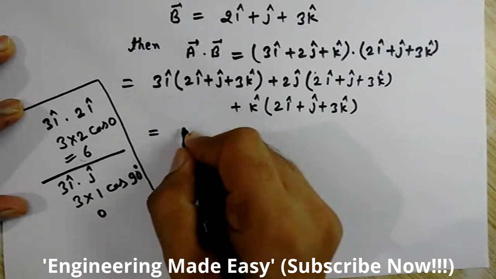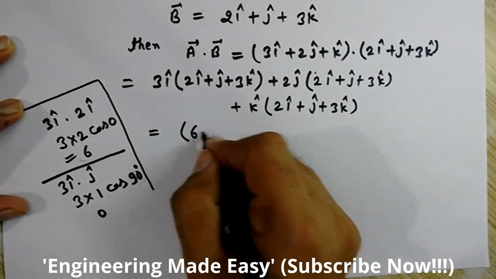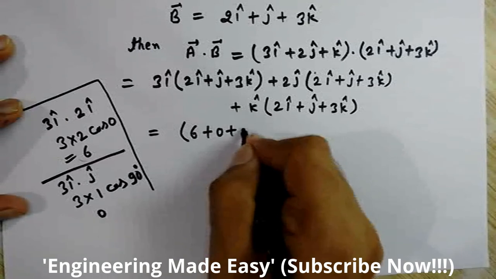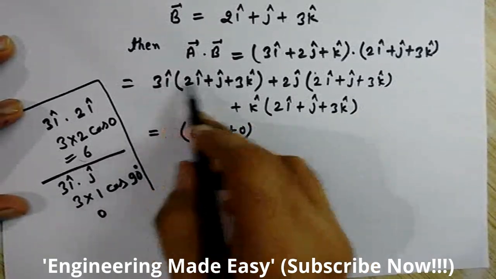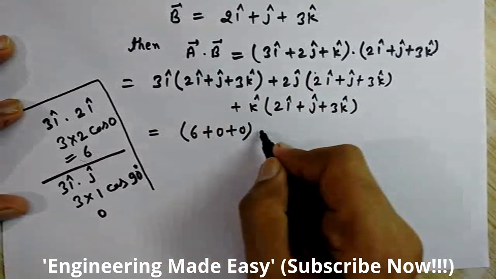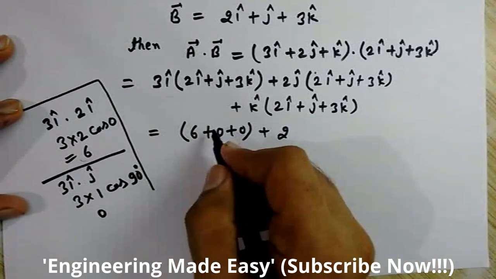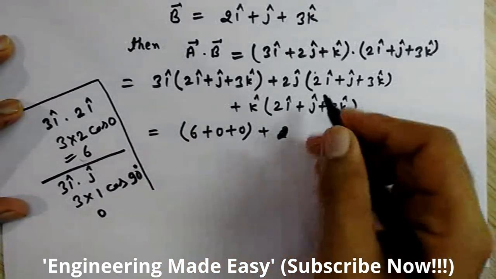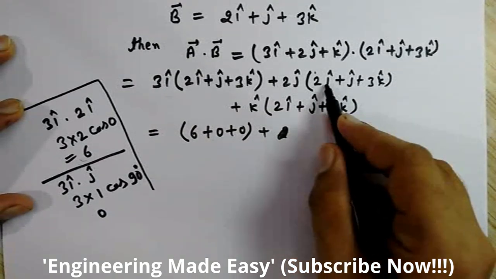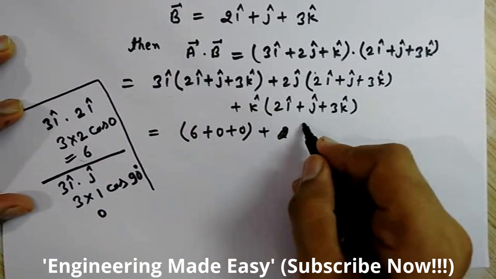So we can write it simply as 6 plus 0 plus 0. This is 6, this is 0, this is 0. Similarly, 2j multiplied with 2i cap would give us 0.